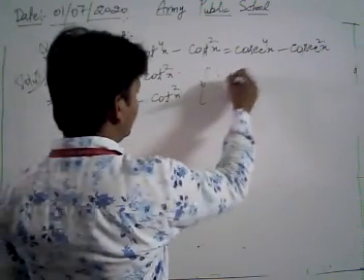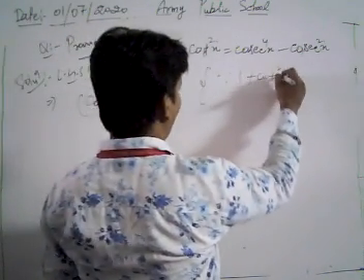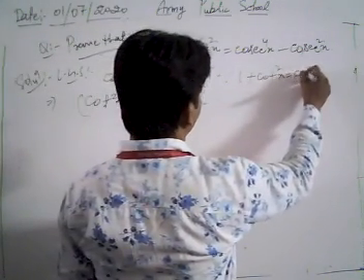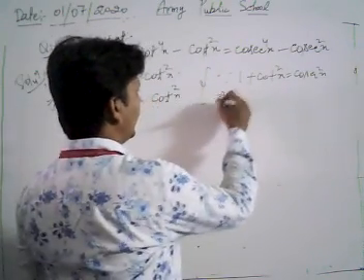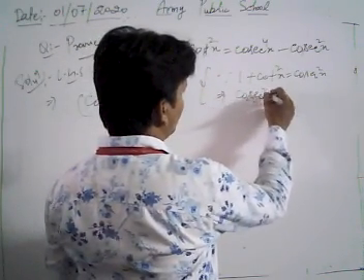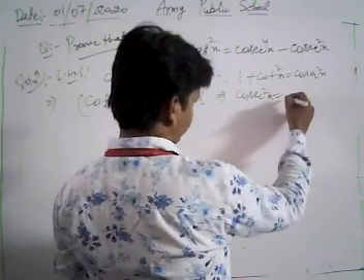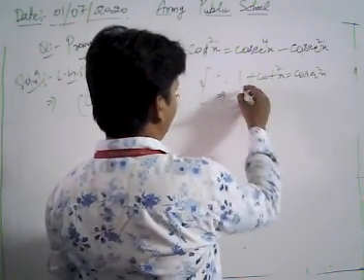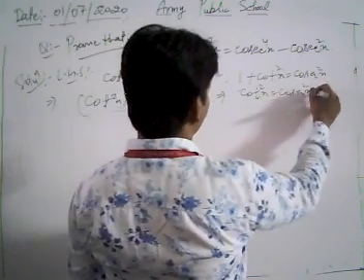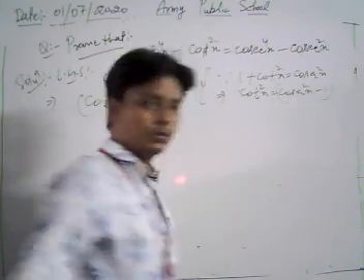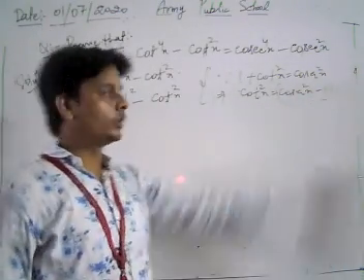And we know that 1 plus cot square x is equal to cosec square x, so cot square x is equal to cosec square x minus 1.